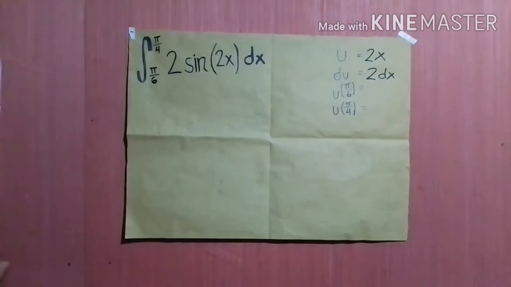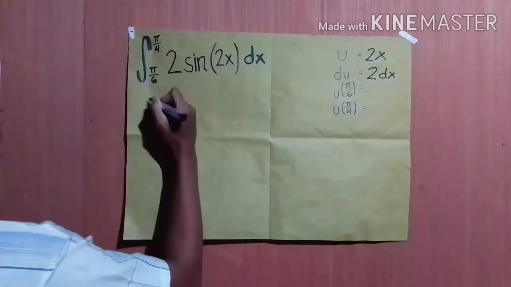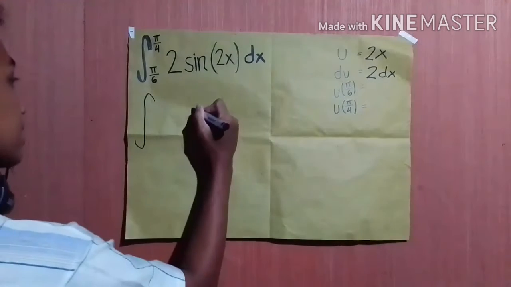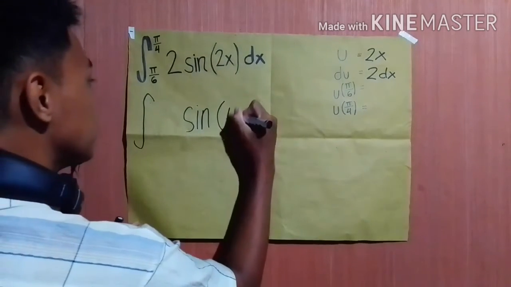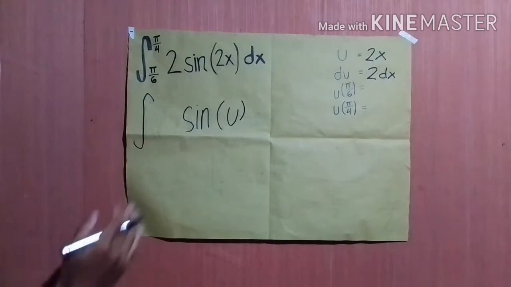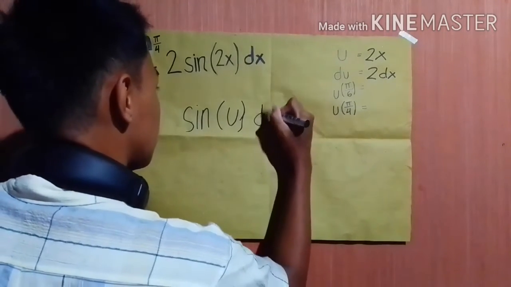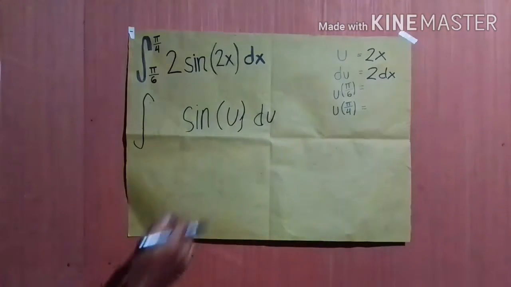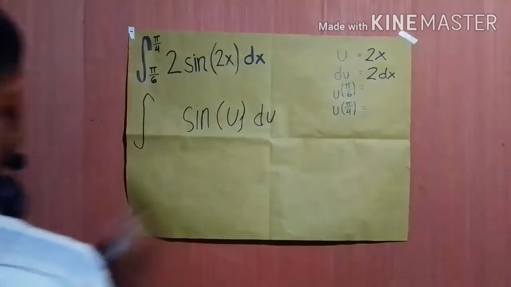So now, changing our integral to u, basically rewrite this as sin of u, and 2 times dx is equal to du. Again, 2 times dx is equal to du.